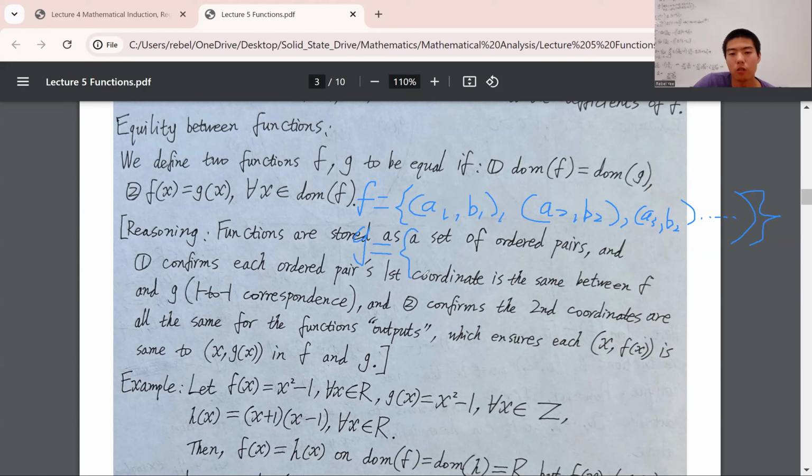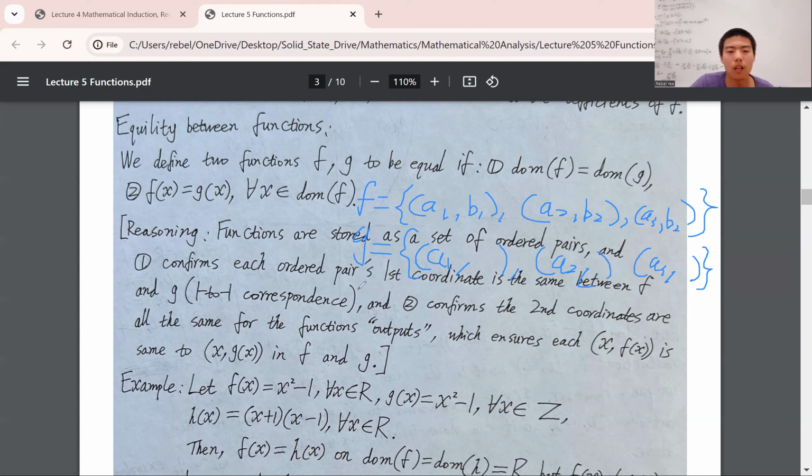So for g, if their domains are the same, it also defines them. First consider there are only three elements. So this is f. Then what's the first condition? Domain f equal to domain g indicates there's also a1 something, a2 something, and a3 something. This is what the first condition indicates.